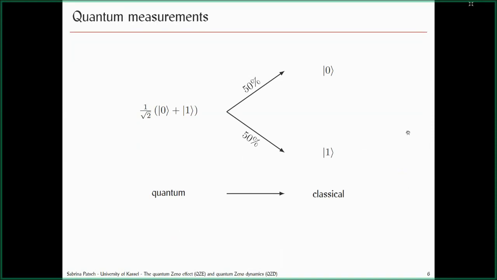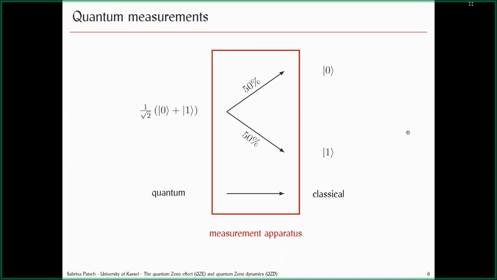And there's a lot of discussion about what a measurement actually is. This goes very deep into philosophy, actually. Everybody has a slightly different opinion on what happens. One that is shared by many people, and the main people who worked on the quantum Zeno effect, is that the measurement itself is more or less just an effective description.